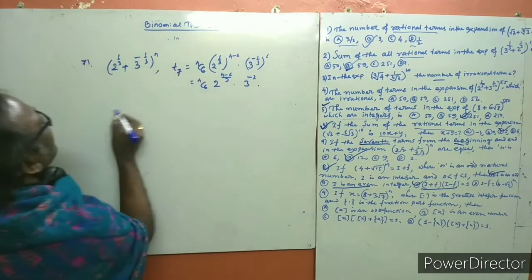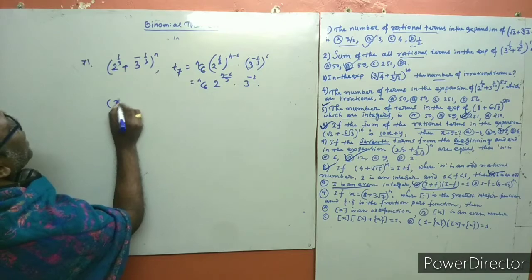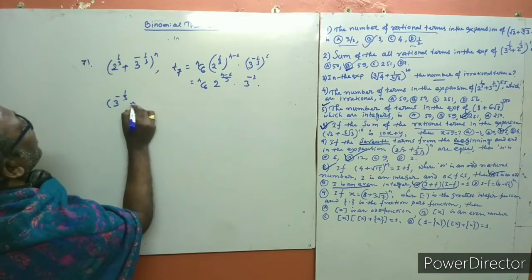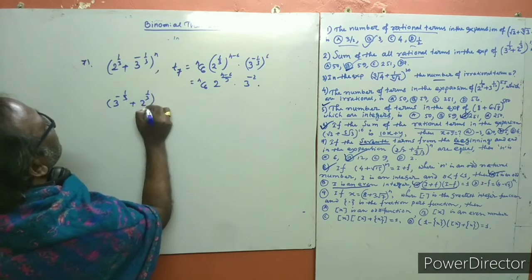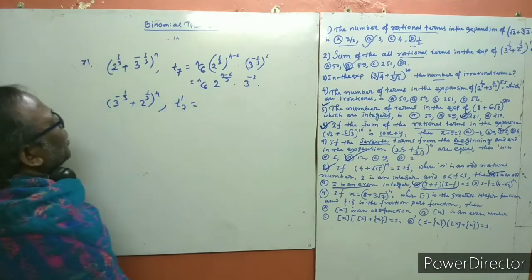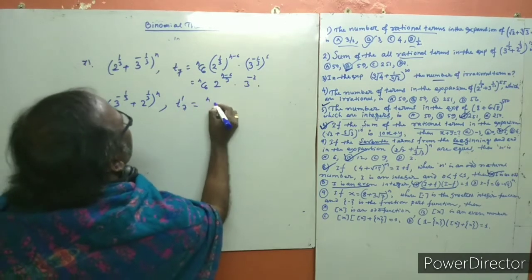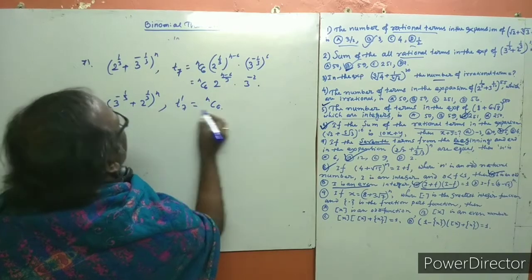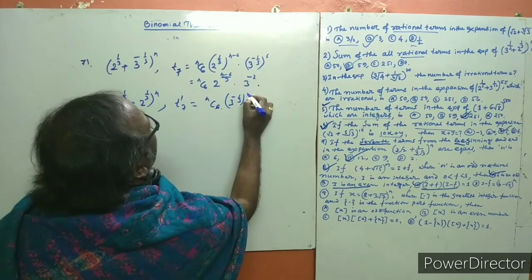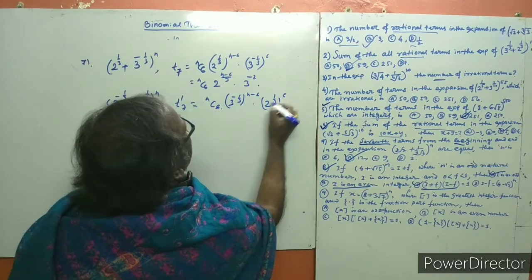And from the end, the seventh term, we interchange the two terms: nC6 times (3 to the power minus 1/3) whole to the power n minus 6, and (2 to the power 1 by 3) whole to the power 6.